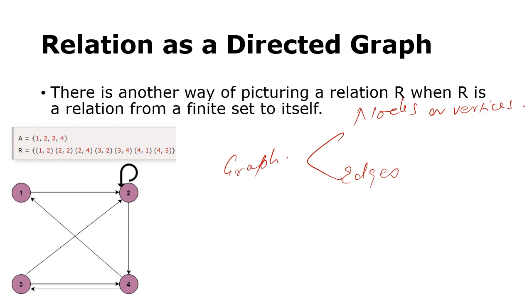Edges can be directed or undirected, depending on whether they are made up of simple lines or arrows. If it is made up of arrows, then the graph is called a directed graph, and that is what we use for representing the relation.